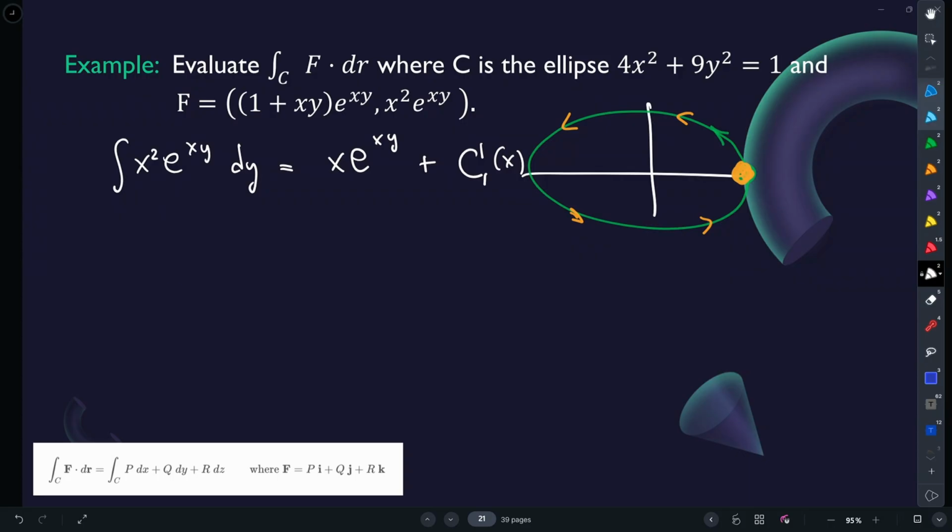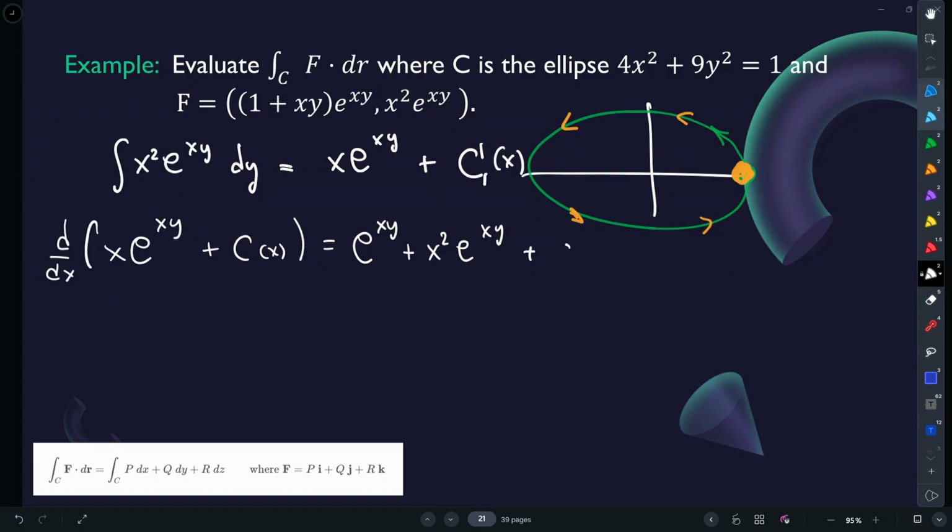So let's see, if I take the derivative with respect to x: x e to the xy plus this possible function with respect to x. Now, the first one I have to do a product rule. So this is going to be e to the xy plus x squared e to the xy, plus whatever the derivative is of this function with respect to x.